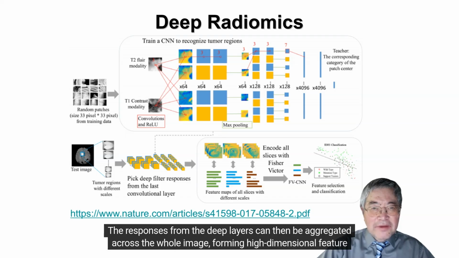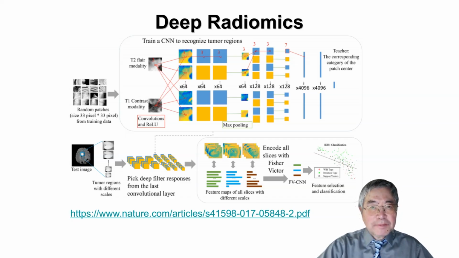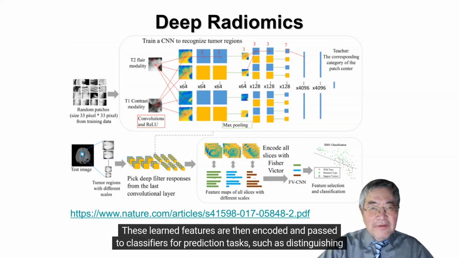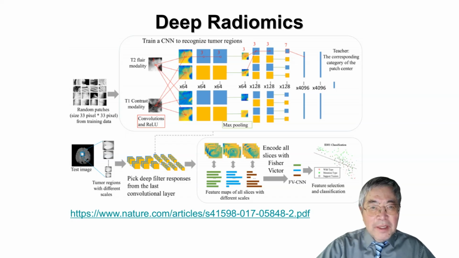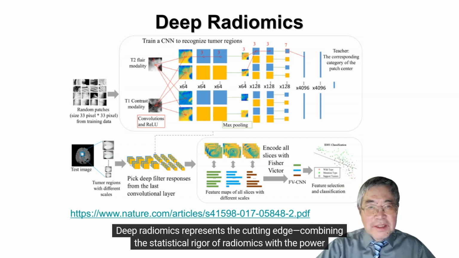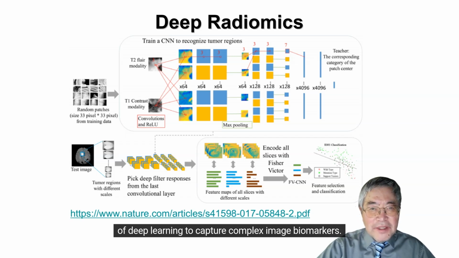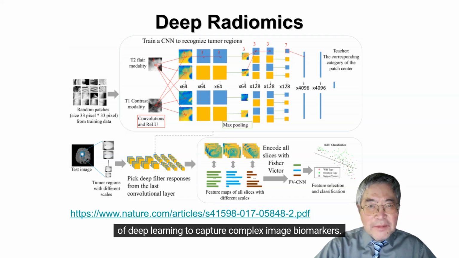The responses from the deep layers can then be aggregated across the whole image, forming high-dimensional feature maps. These learned features are then encoded and passed to classifiers for prediction tasks, such as distinguishing between tumor subtypes or predicting patient outcomes. Deep radiomics represents the cutting edge, combining the statistical rigor of radiomics with the power of deep learning to capture complex image biomarkers.